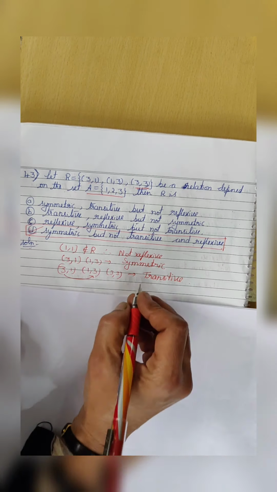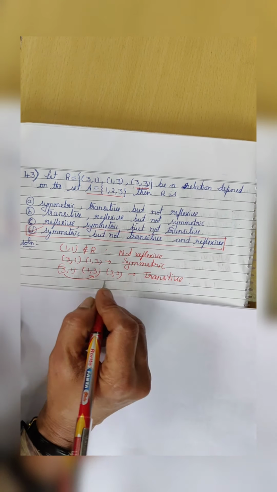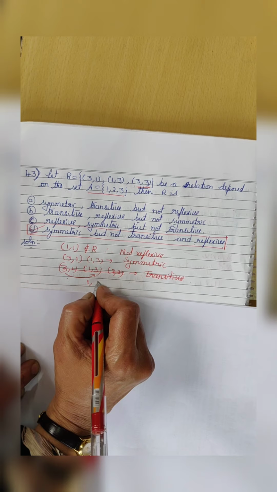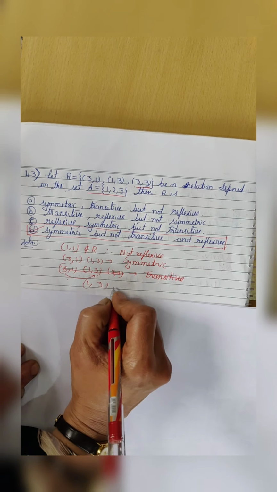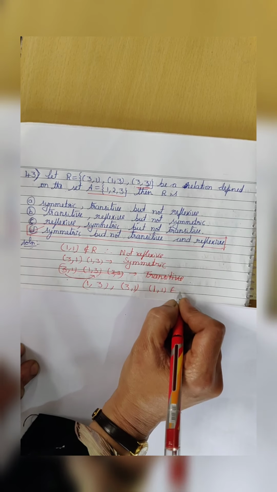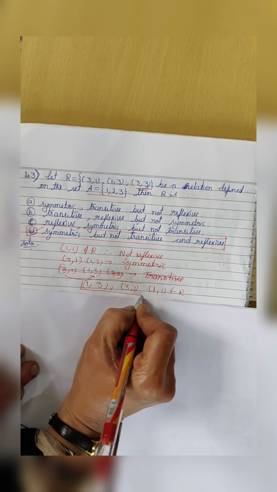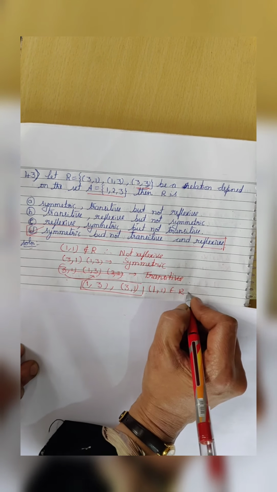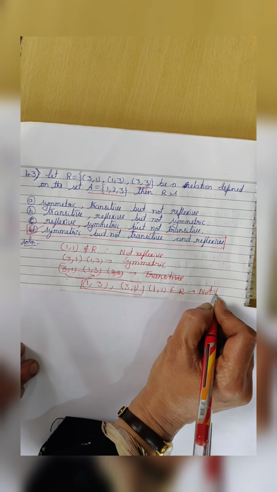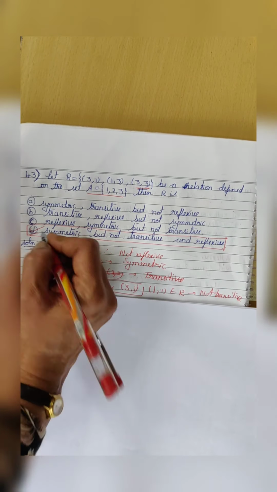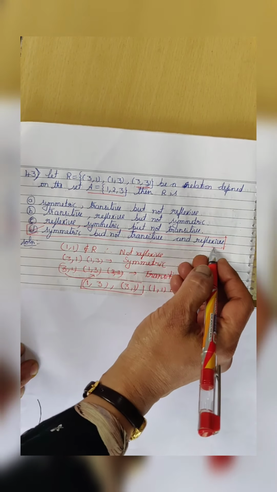Oh no, sorry, it is not transitive also. If we take (1,3), then (3,1), and (1,1) is not belonging to R. So it is not transitive. So the correct option is D, symmetric but not transitive and reflexive.